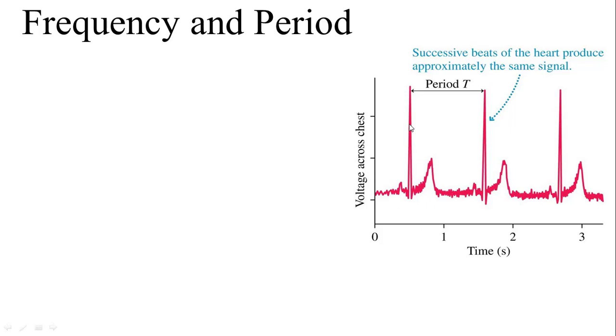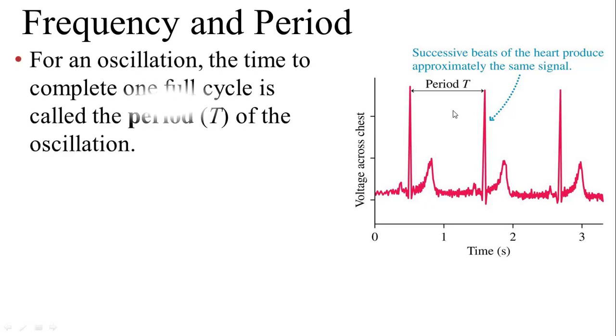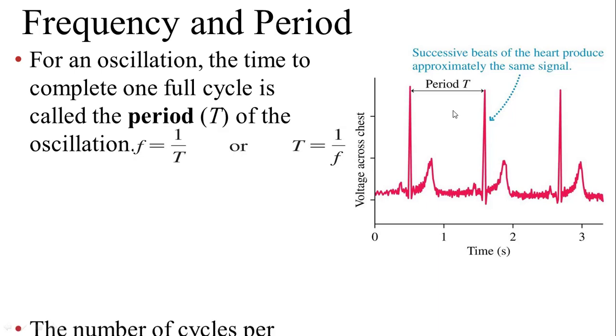In this diagram, from this point to this point, one revolution is completed in time period T. So the time for one complete cycle of oscillation is called the period, and it is denoted by T. Frequency is the reciprocal of time period: f is equal to 1 upon T, so time period T is equal to 1 upon f.